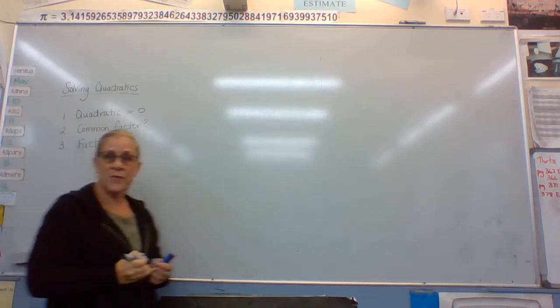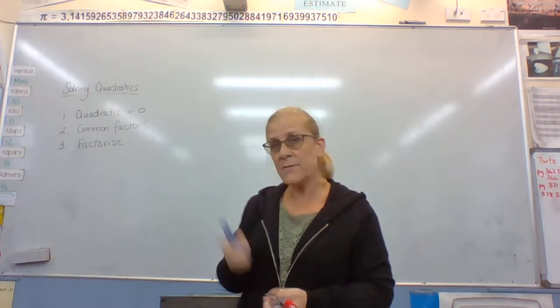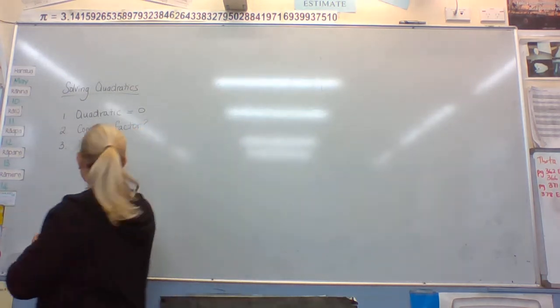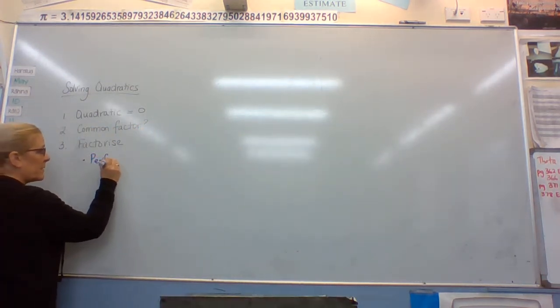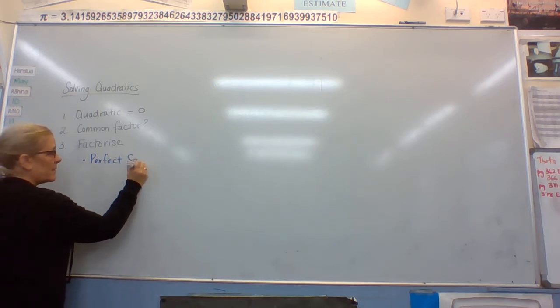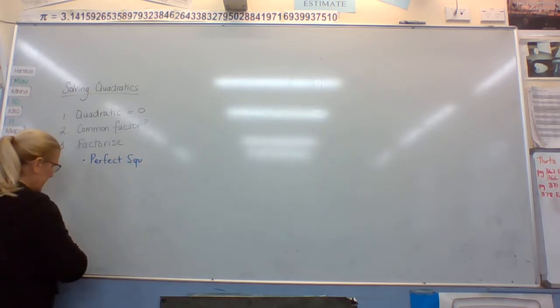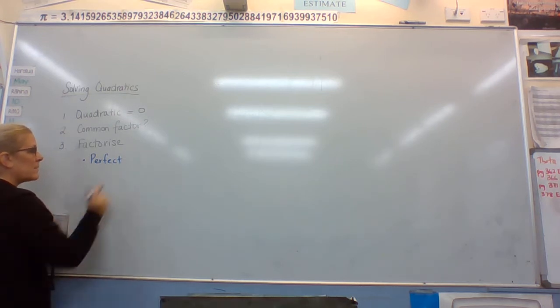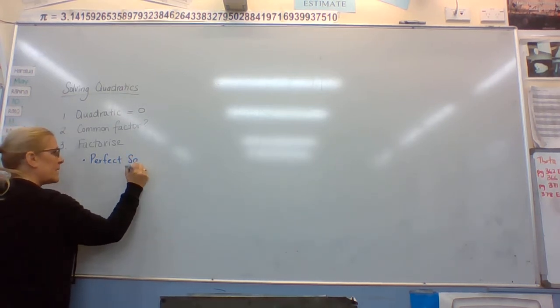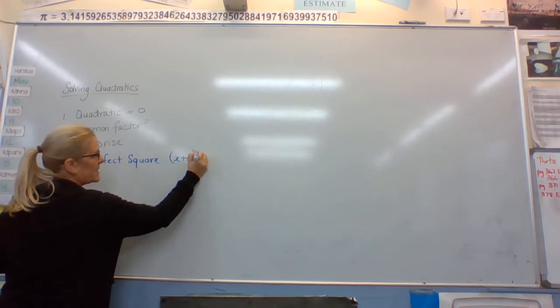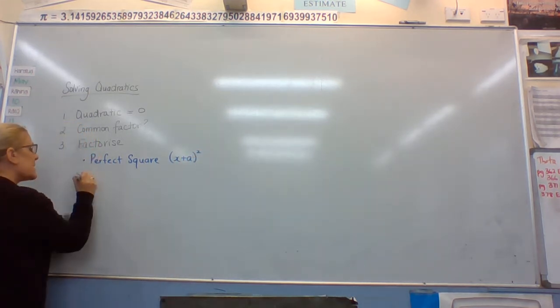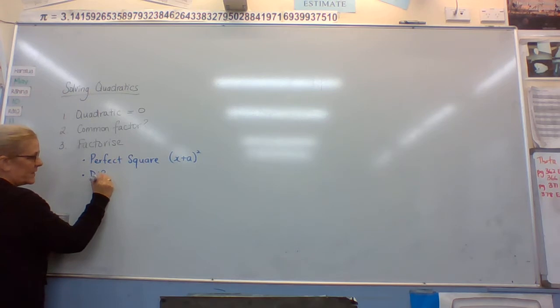So there's a certain number of things to look for when we're factorising. The first one is, have we got a perfect square? So that means when we factorise, we get an x plus a squared situation. All right? Second one is the difference of squares.